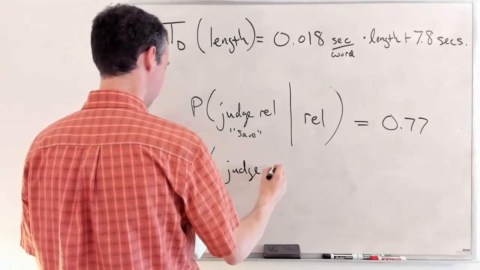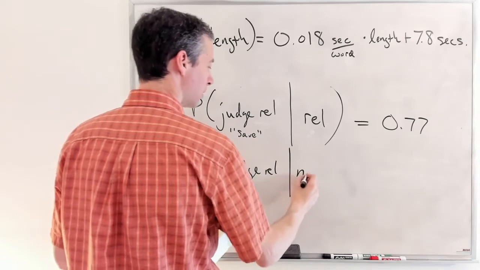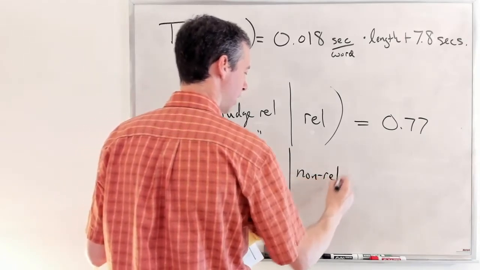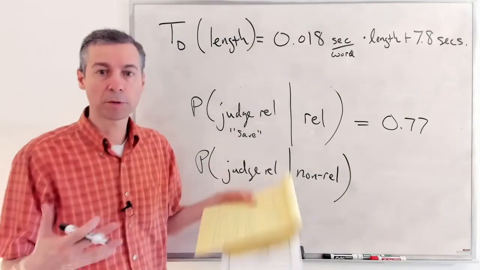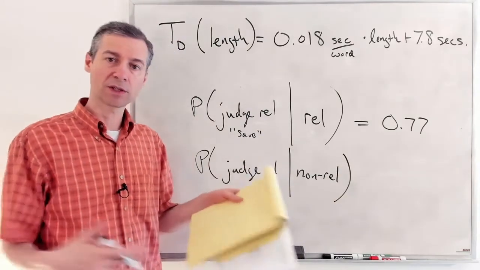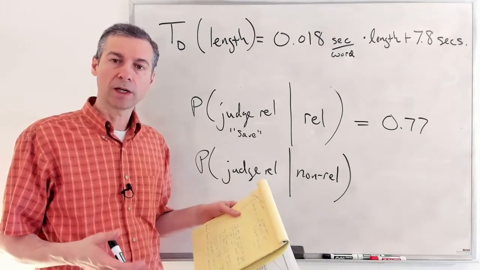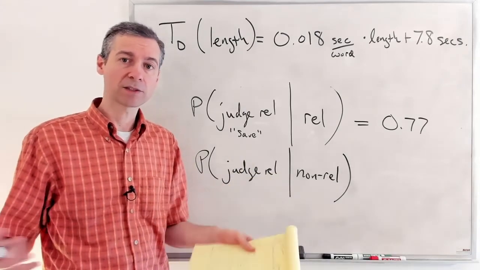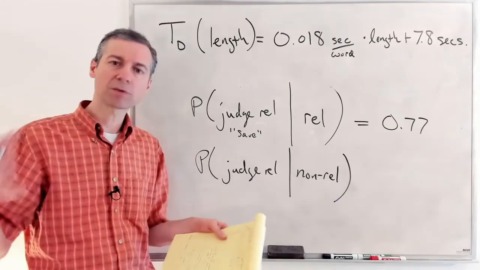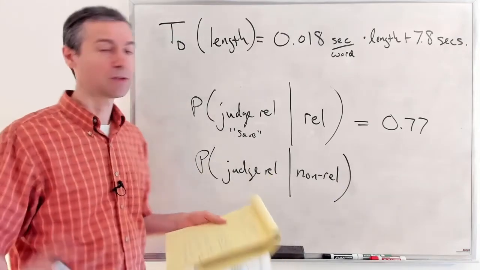judge it relevant when the NIST assessor thought it was not relevant. So someone looks at a summary, again, there's some probability that they're going to click on it even if the NIST assessor thought it wasn't relevant. And then there's still some probability that they actually might decide, yeah, I'm going to save it as relevant. They think it's relevant, even though the NIST assessor didn't.